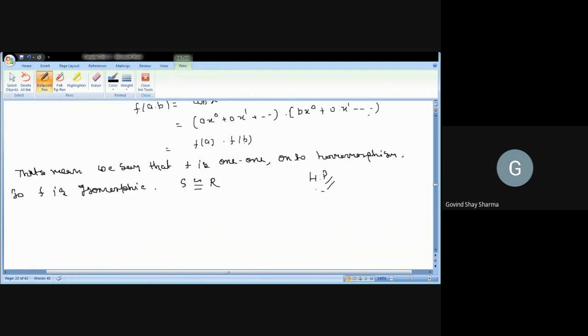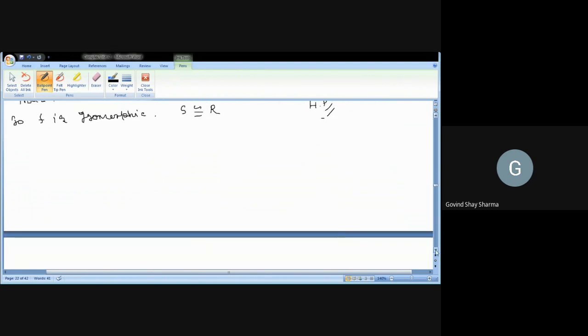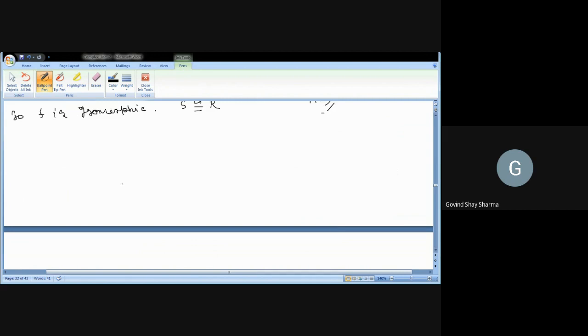Now we take one example from reducible or irreducible polynomials. This type of question is sometimes asked in the examination, so this is essential to do.